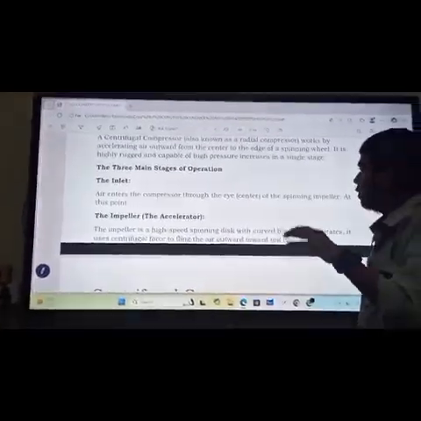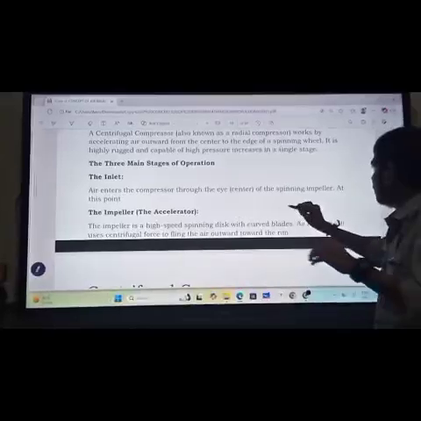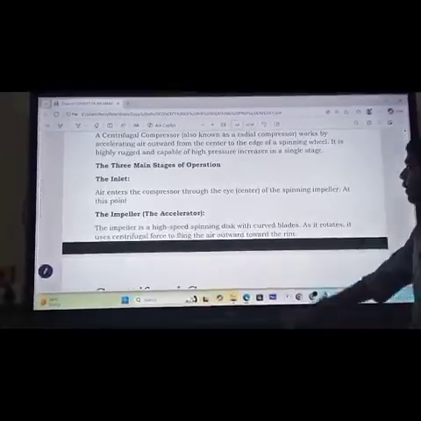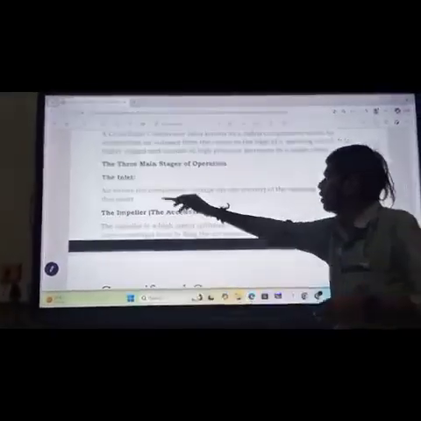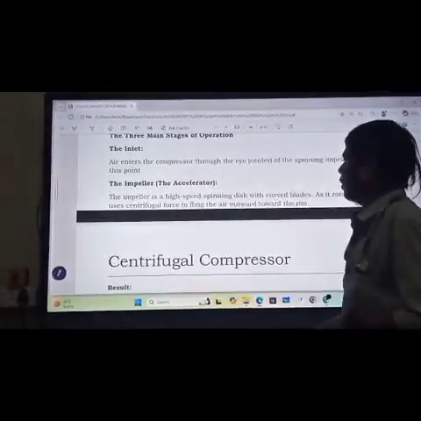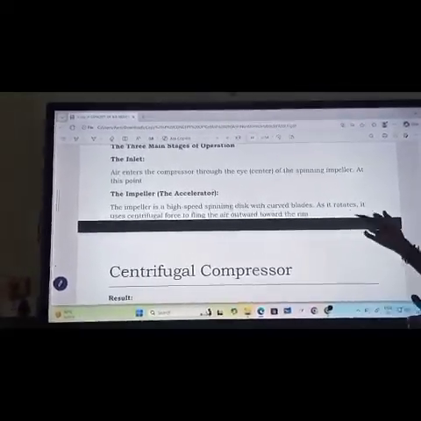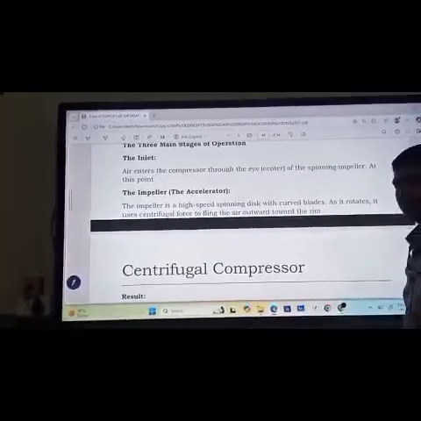First, the inlet: the air enters the compressor through the center of the spinning impeller. Next, the impeller. The impeller is a high-speed spinning disc with curved blades.